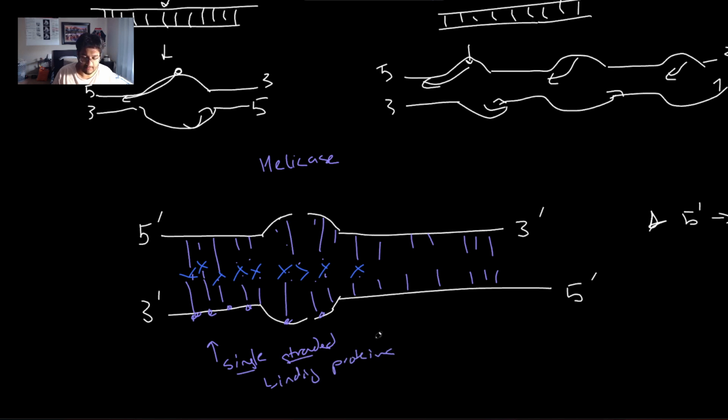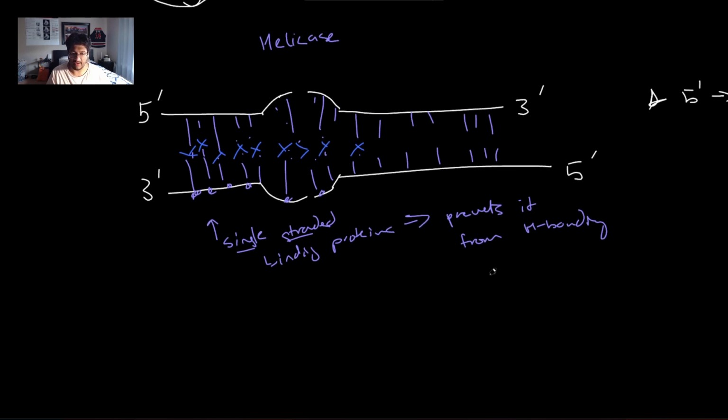Just know it's something like that. Basically, this prevents it from hydrogen bonding again, so the DNA replication can actually happen. If it's bonded together, then you can't do it.